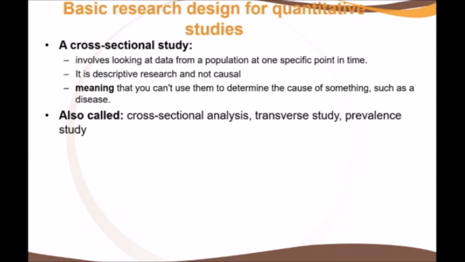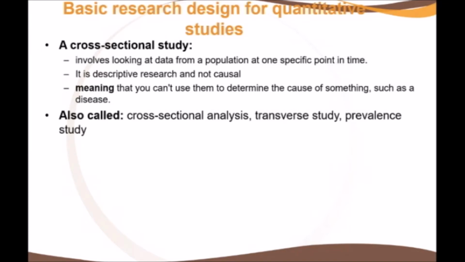That may change if you come 5 years later. It may have been different 5 years earlier, but she's only interested at that particular point in time that she's going to the community. That's why it's called a cross-section study. You're looking across the population at that particular point in time.